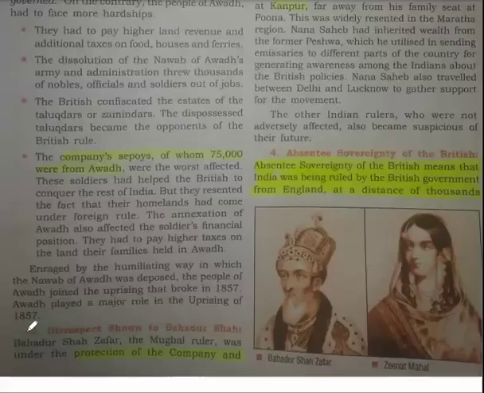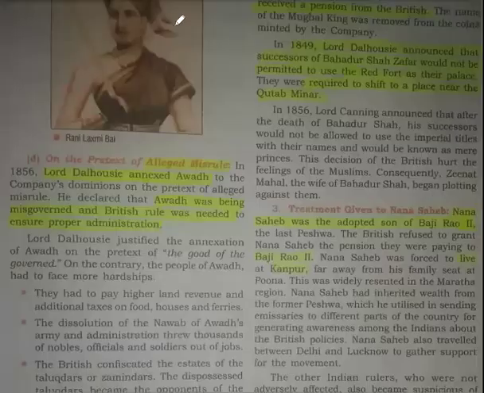Then we have the second part of the causes of the First War of Independence, which is disrespect shown to Bahadur Shah, which comes after the political causes. Bahadur Shah Zafar, the Mughal emperor, was under the protection of the Company and received a pension from the British. The name of the Mughal king was removed from the coins minted by the Company.